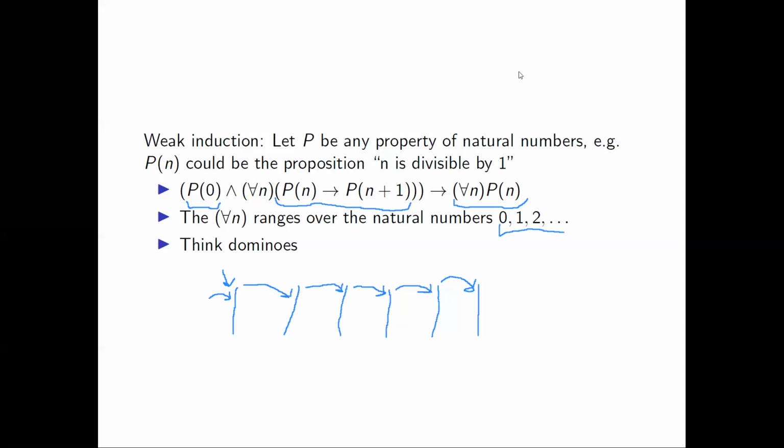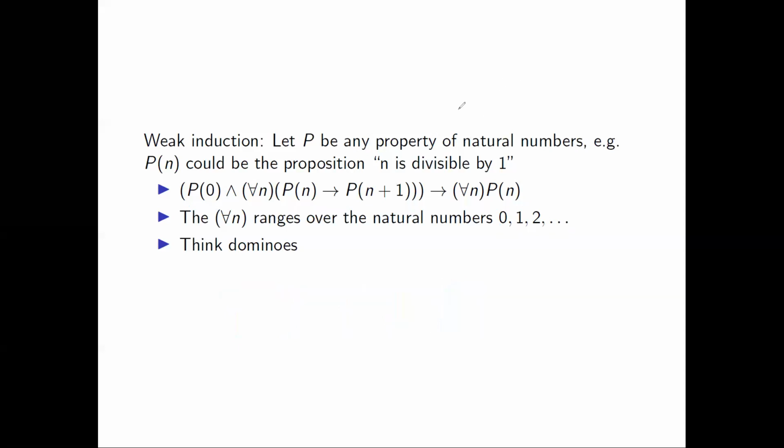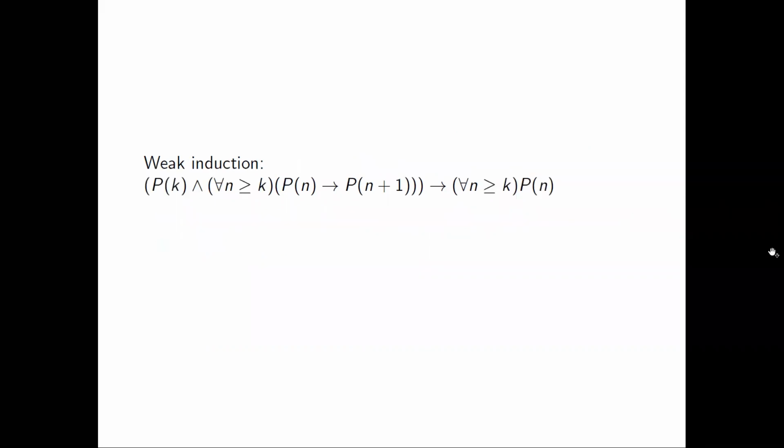Now, for some proofs, we won't necessarily want to start at 0. Instead, we'll prefer to start at some positive integer and say that it's true for all positive integers that are at least the one that we started at. And we can define an induction axiom for that case as well.